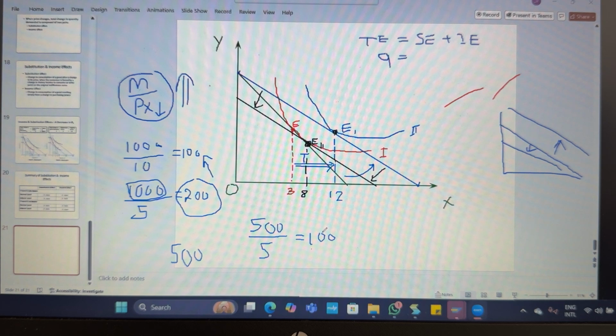Done? Now, what happened? I got some money from you, 500. Now I am going to give you back the amount I have taken before. That means I am going to give you 500 back. If I give this 500 back to you, what will happen to your equilibrium position?